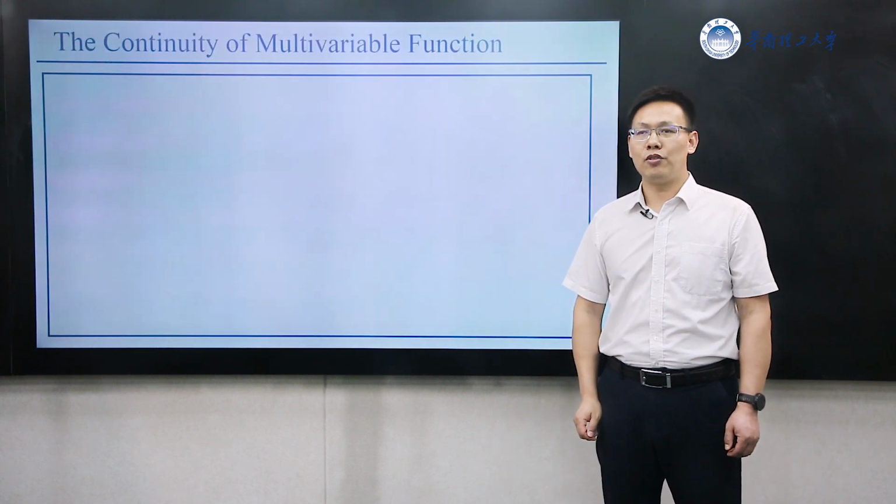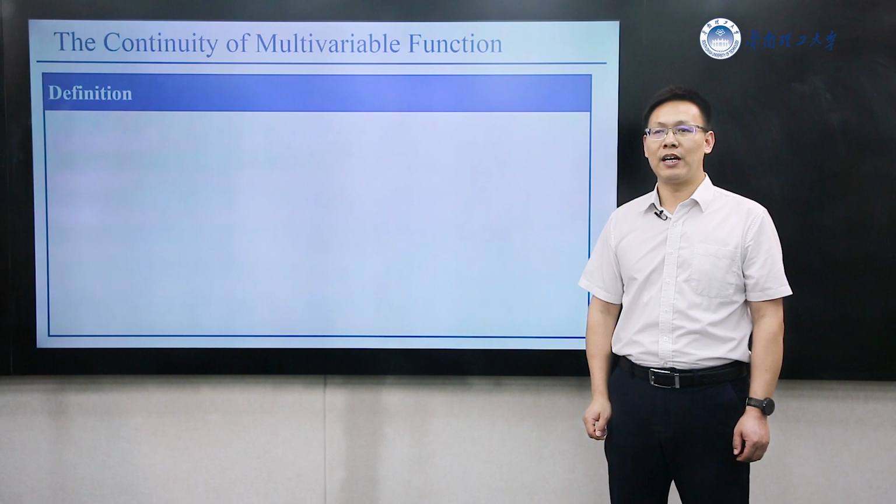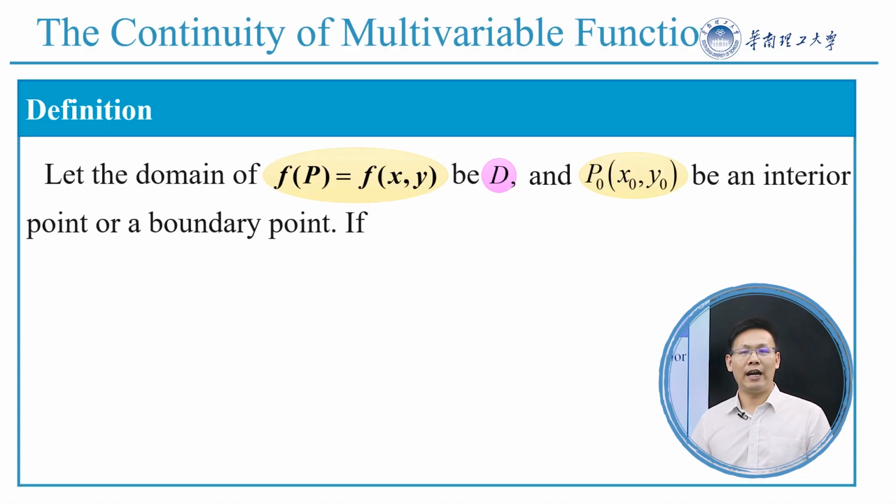Similar to the continuity of a single variable function, if the limit of f equals the functional value at some point, then we say f is continuous at this point. We have the following definition.